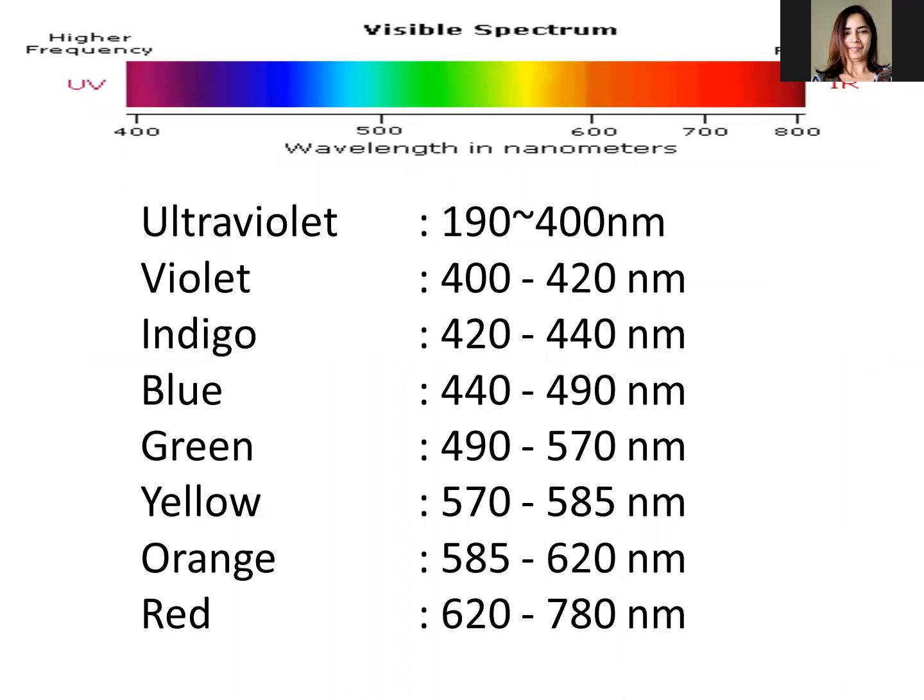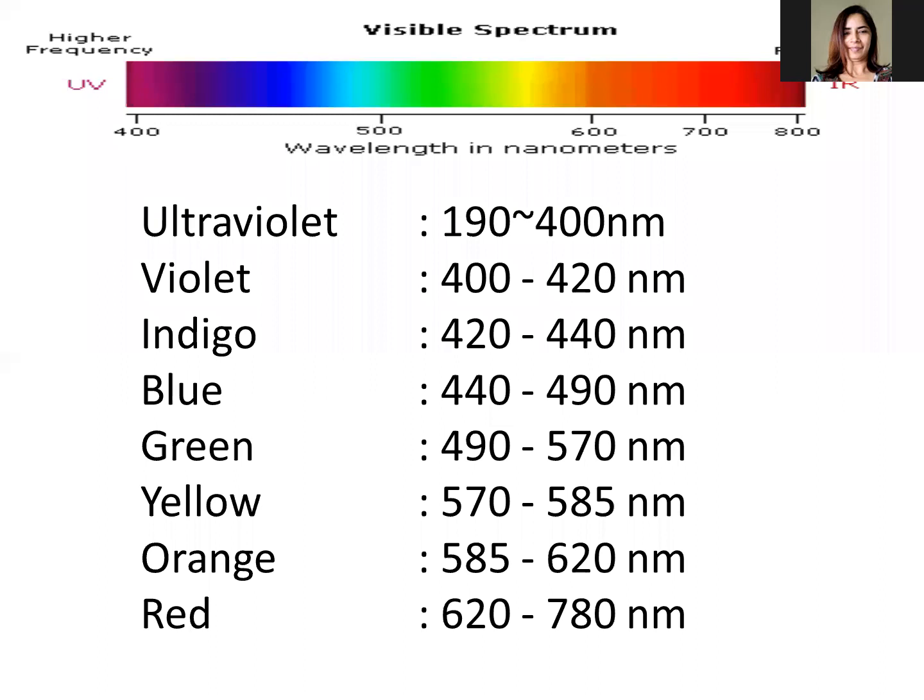Visible region just covers a very minute part of electromagnetic radiations, that is in the wavelength region of 400 to about 800 nanometer.